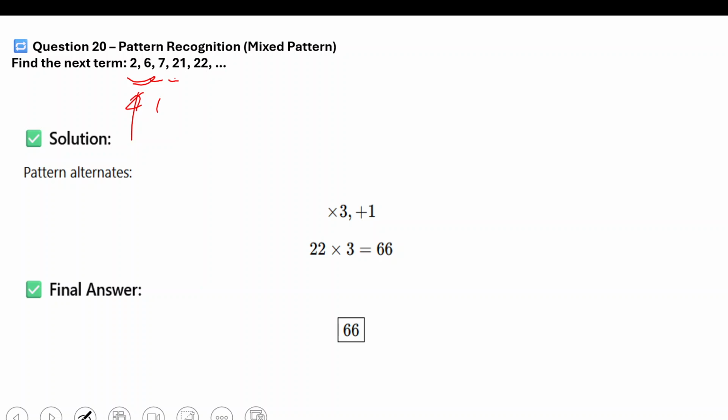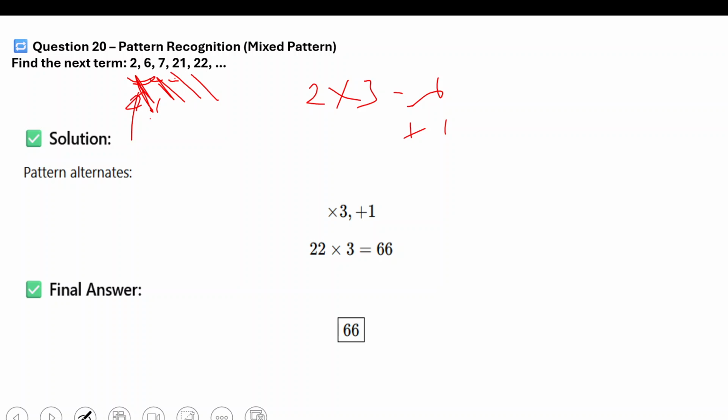The next thing I can use is that if I multiply the term 2 by 3, it gives me 6. And the next one, if I add 1 to it, gives me 7. So I multiply by 3, then add 1, multiply by 3, add 1. So for this pattern, the first term is 2.